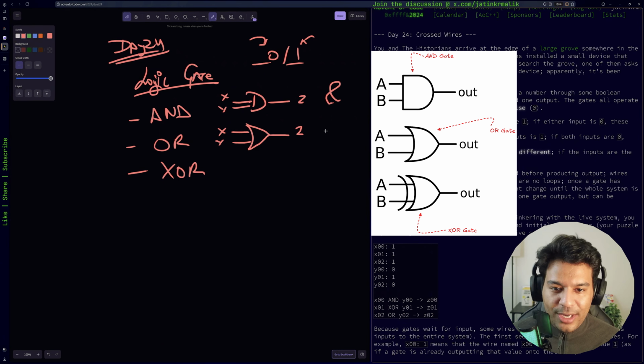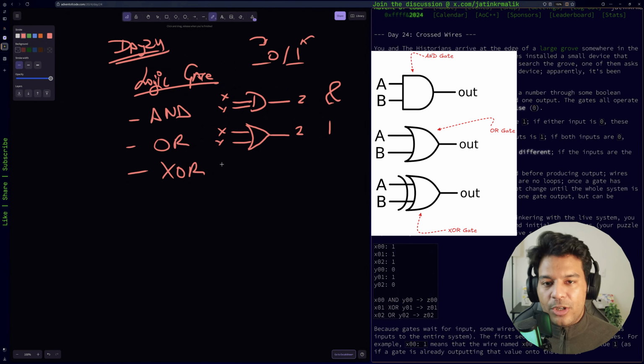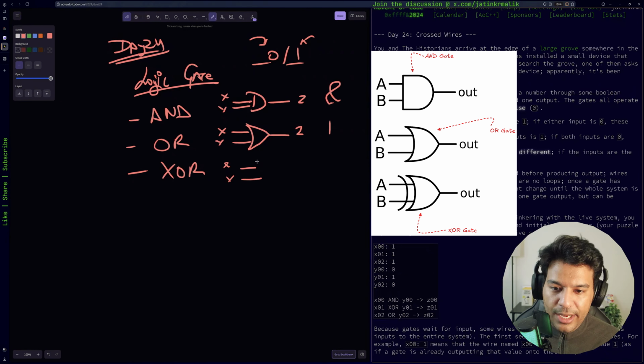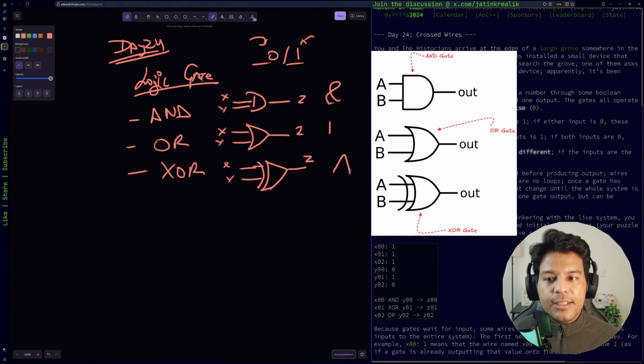The OR gate is represented by a pipe in your programming language. And then there is XOR, which is the exclusive OR gate. This looks like OR, but there is an extra bar here, and then you get the Z out. Exclusive OR is represented by this caret sign.